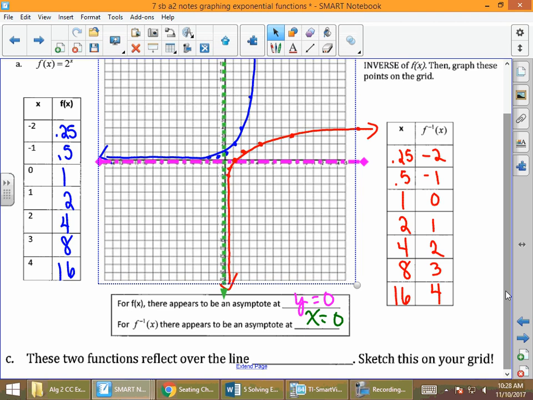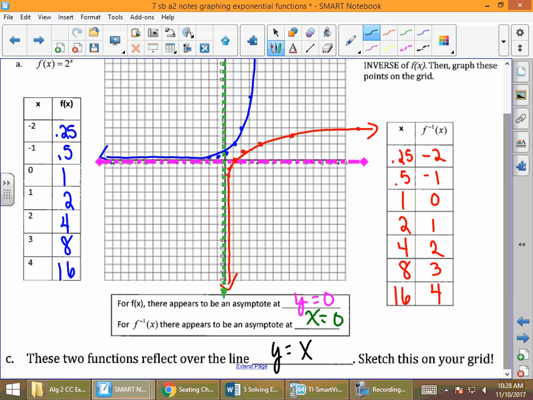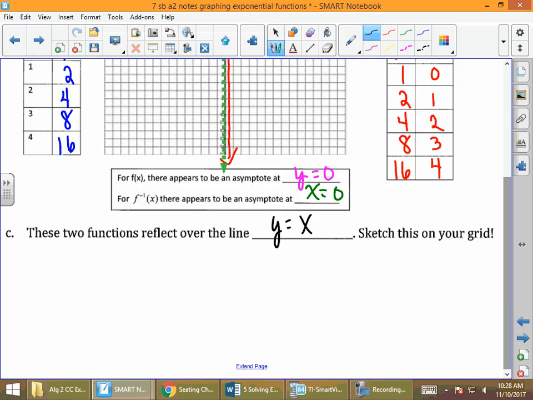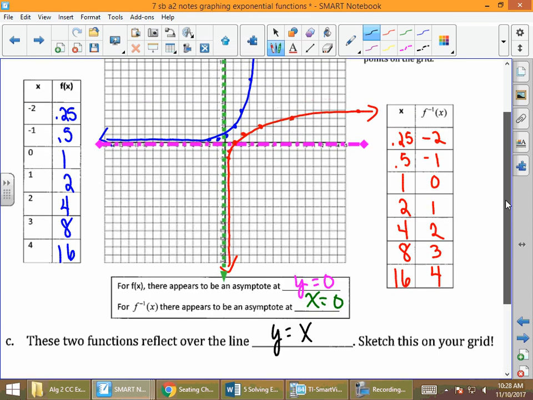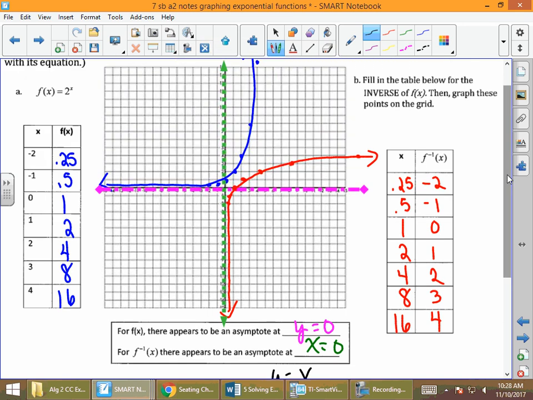These two functions reflect over a line. Excellent, somebody remembers. I think that you can expect to see that on your exam. Any of the Algebra 2 classes this year, I think you can expect to see that on the exam. I'm pretty sure we put it on there last year.